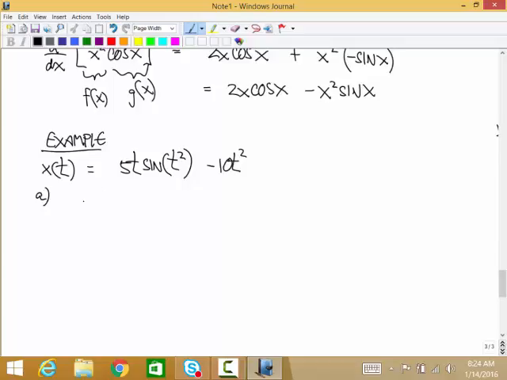So first, what's dx dt? And second, what's the slope of x versus t at time equals root pi?